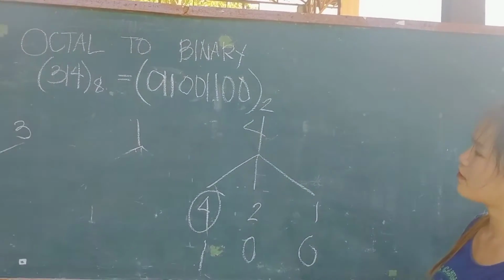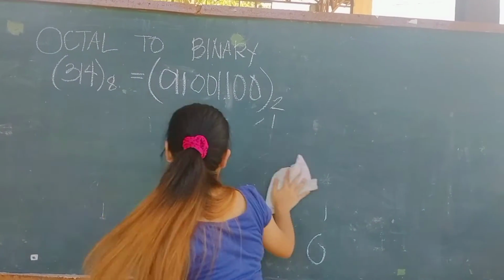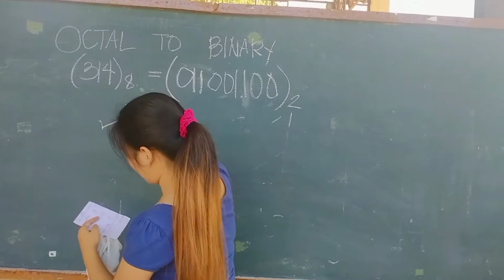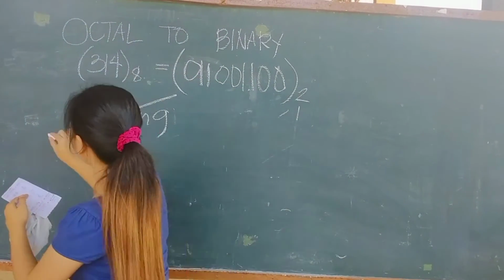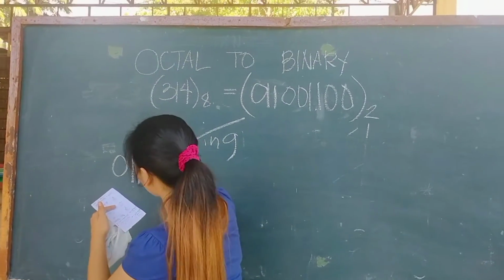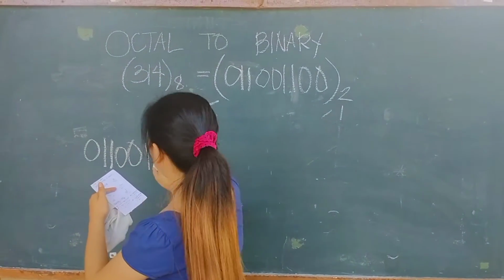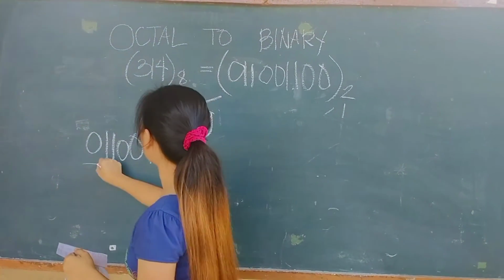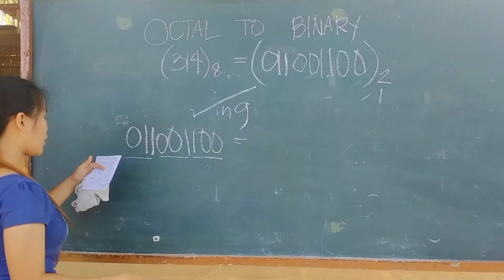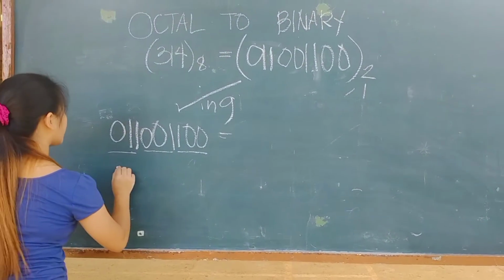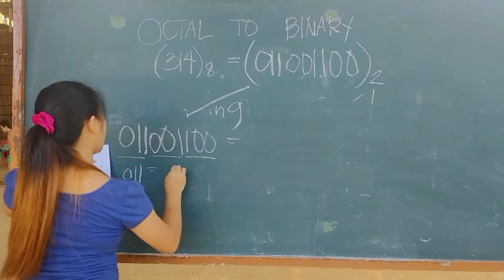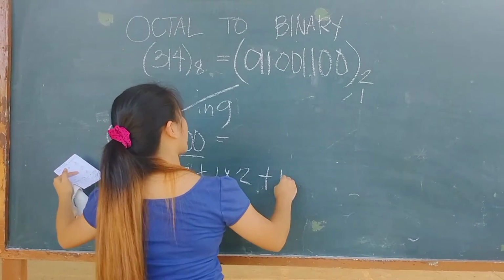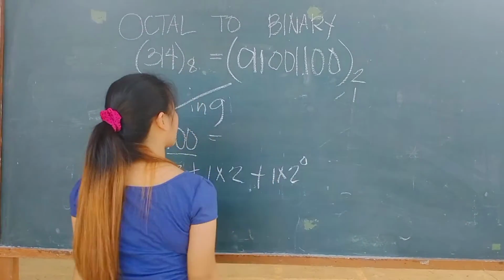If you want to recheck it, let's check it. So 0, 1, 1, 0, 0, 1, 1, 0, 0 is equal to. We go one by one. 0, 1, 1 is equal to 0 times 2 plus 1 times 2 plus 1 times 2, and put an exponent here 0, 1, 2.